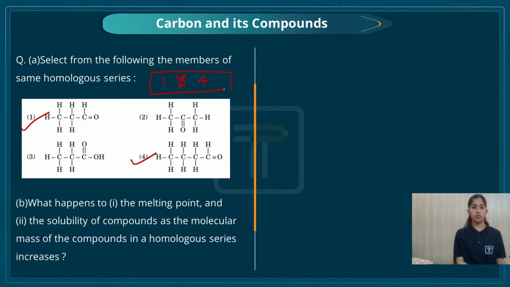Right. Now what happens to the melting point and the solubility of the compound as the molecular mass of the compound in a homologous series increases? This is again quite simple. I want an answer from you all.